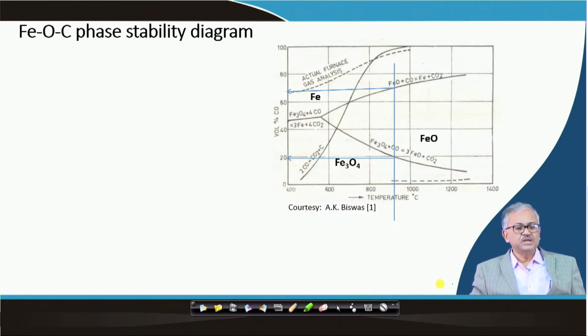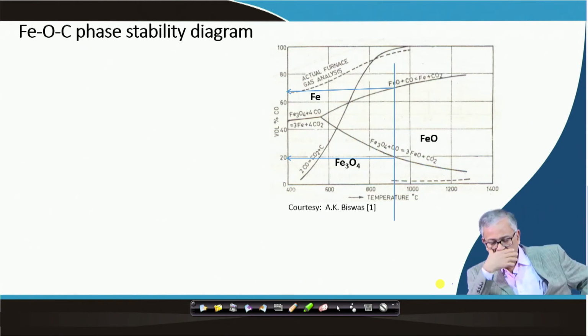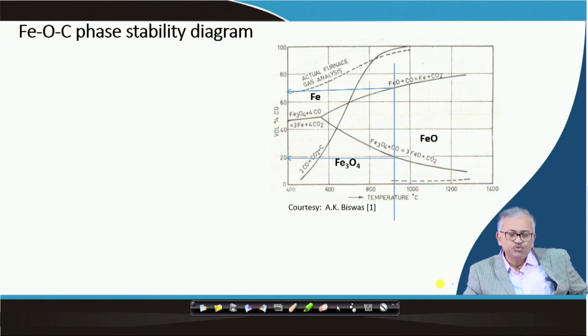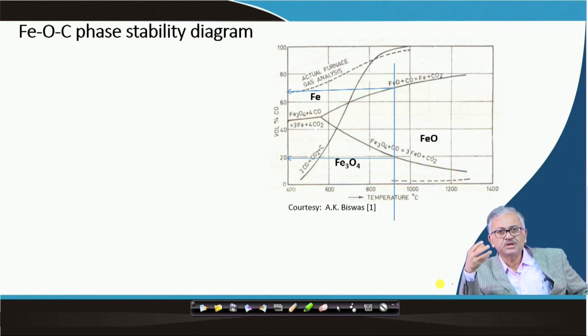Now, we come to the Fe-C-O phase stability diagram. This is a very important diagram because I was discussing the process in terms of oxidation potential. I think it is better to describe the process in terms of the volume percent of CO in the blast furnace gas, because initially at the lower level everything is CO. As the gas moves up, it takes up the ore oxygen and forms some amount of CO2.